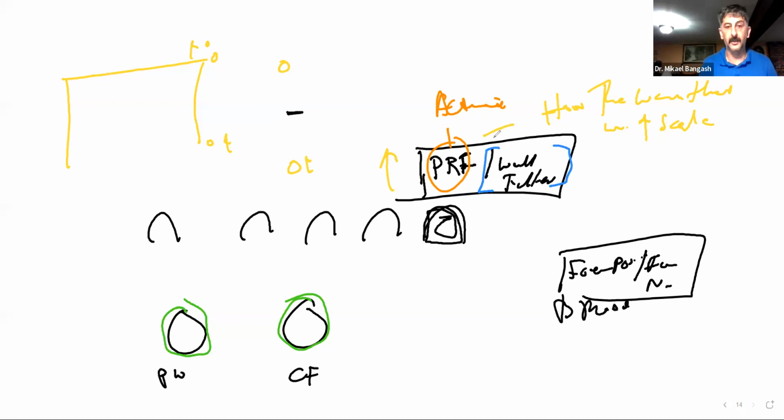And that's how you increase the scale. Did that make sense? Yeah. Good.